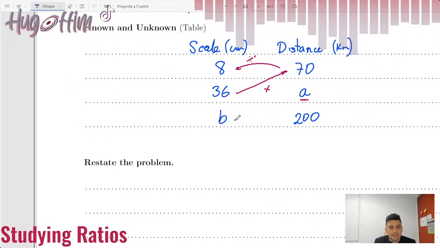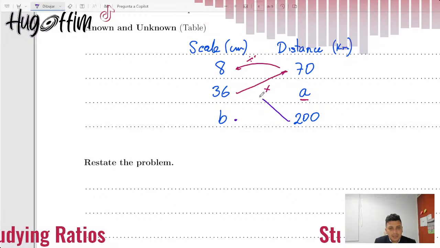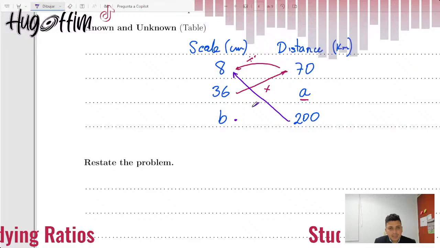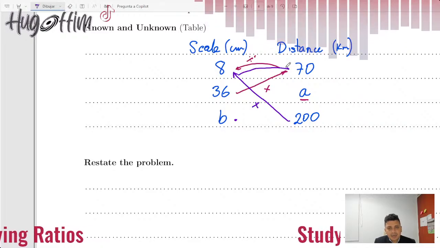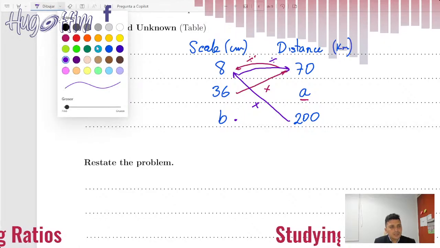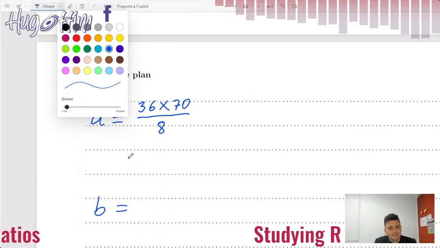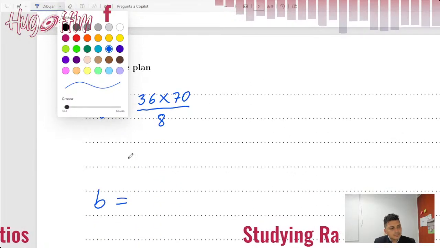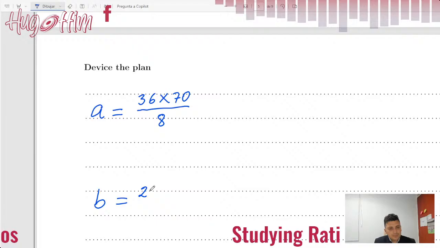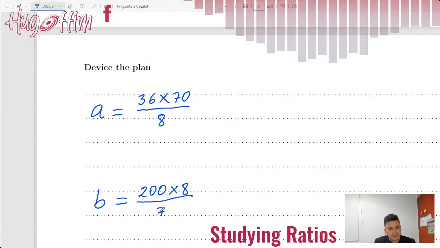The opposite is 200, so I have to multiply 200 times 8 and divide by 70. So 200 times 8 divided by 70. Let's write it here.